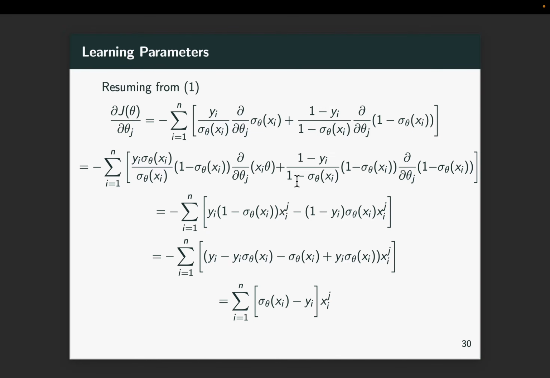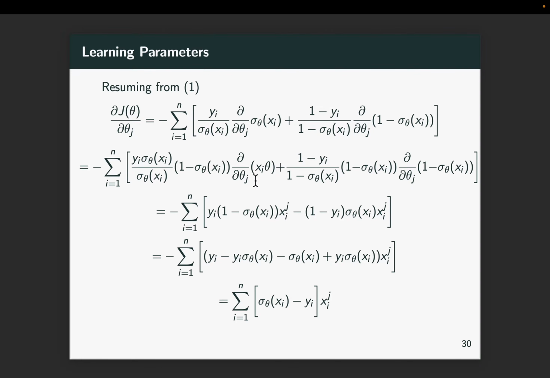So if we do the same on the other side also, when you're trying to find the partial with respect to the jth component of xi transpose theta, we'll just get the jth component of xi. Remember, xi is a d-dimensional vector.